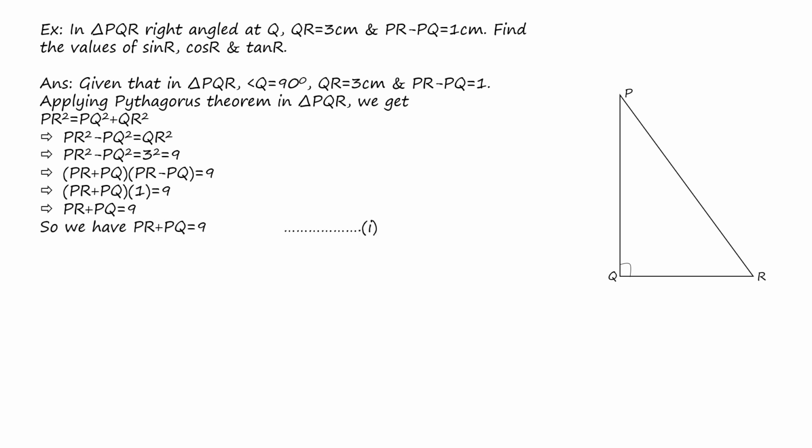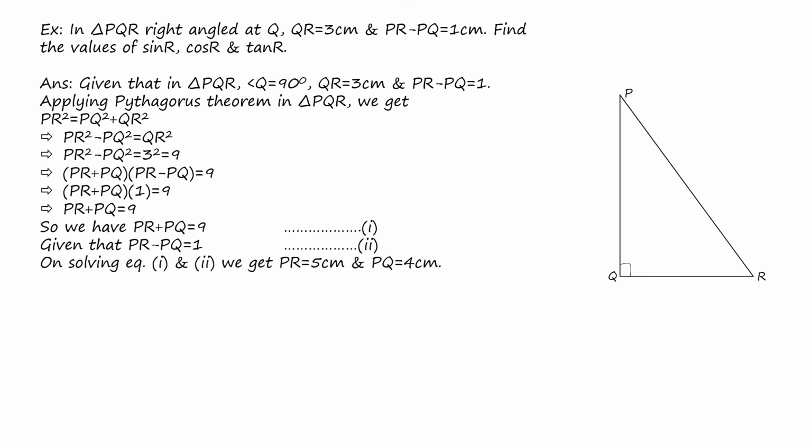So we got two equations, PR plus PQ equals 9, let this be first equation, and PR minus PQ equals 1, let this be second equation. On solving we get PR equals 5 centimeter and PQ equals 4 centimeter.